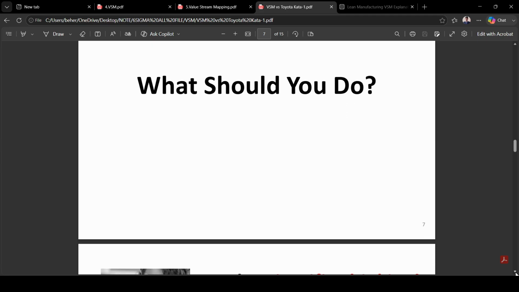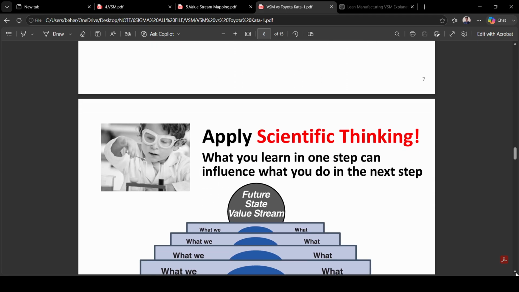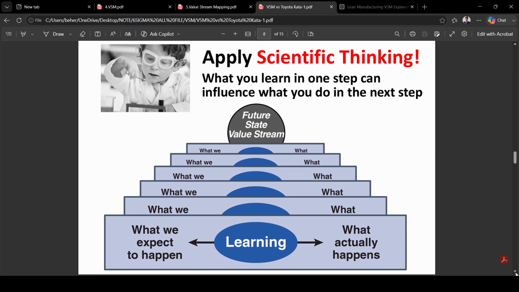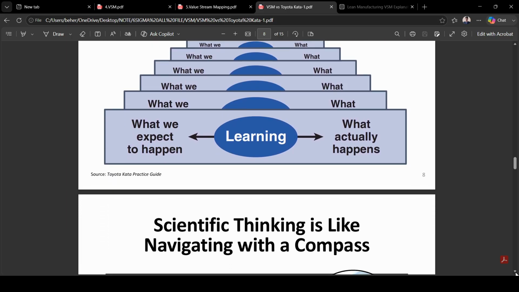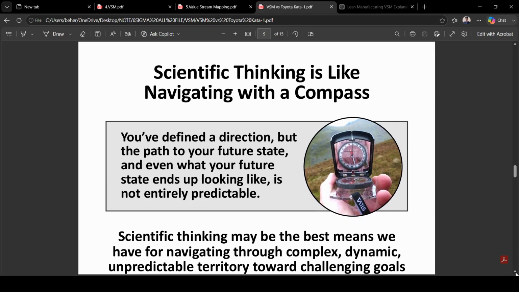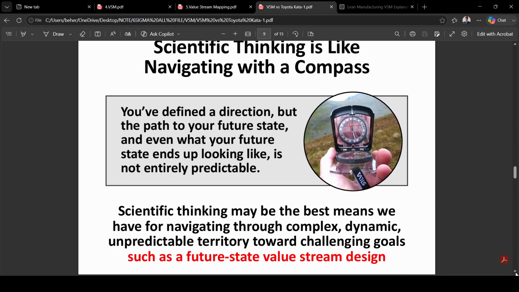What should you do? Apply scientific thinking. What you learn in one step can influence what you do in the next step.